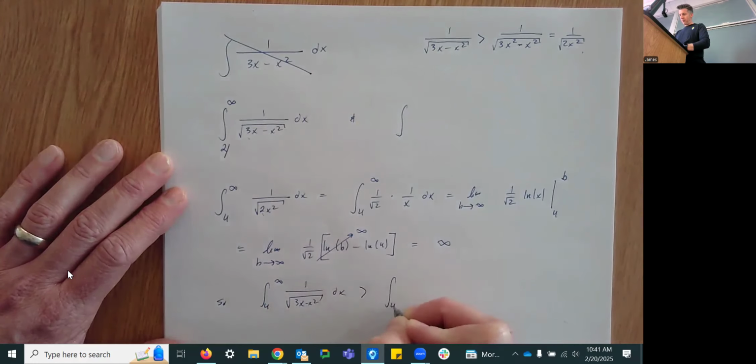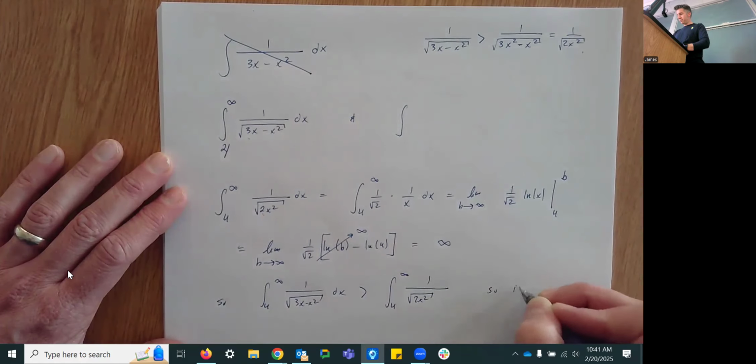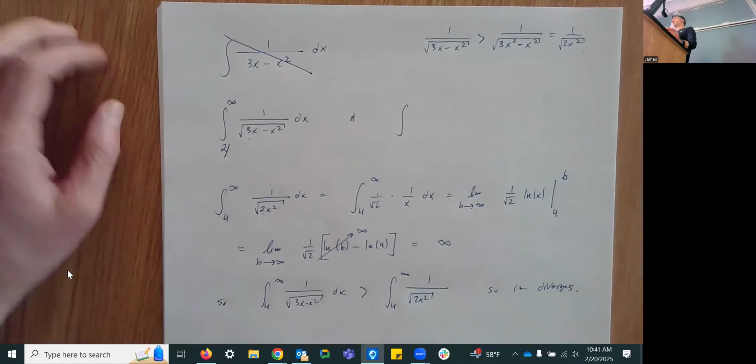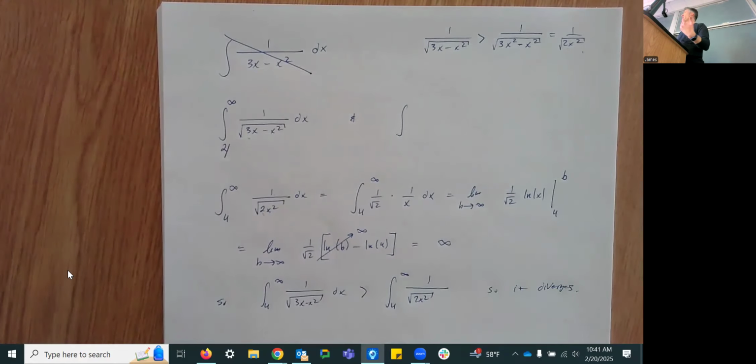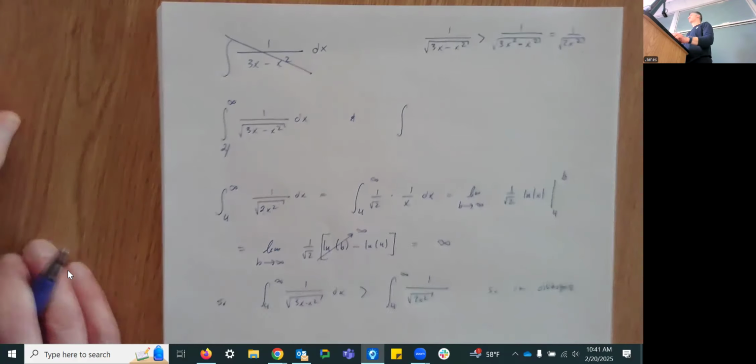Bigger than that, so it diverges. Again, assuming we have recalled it correctly.